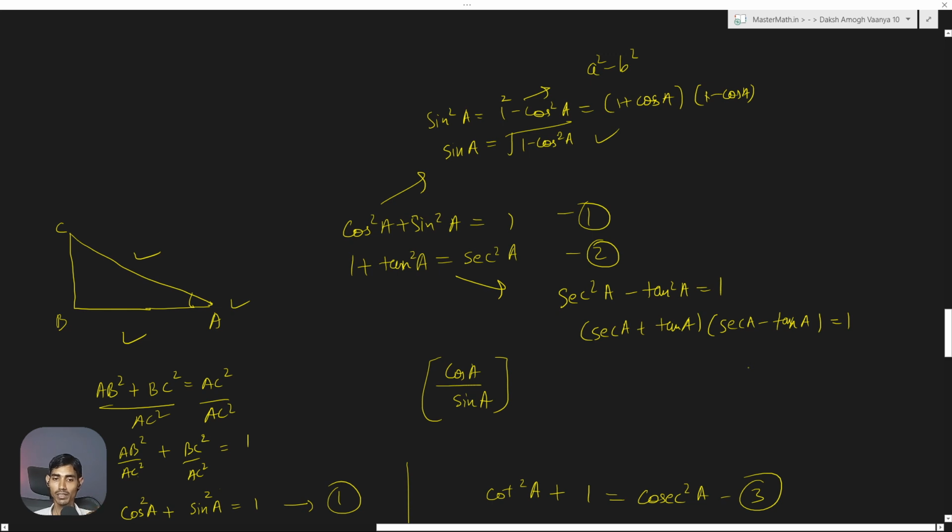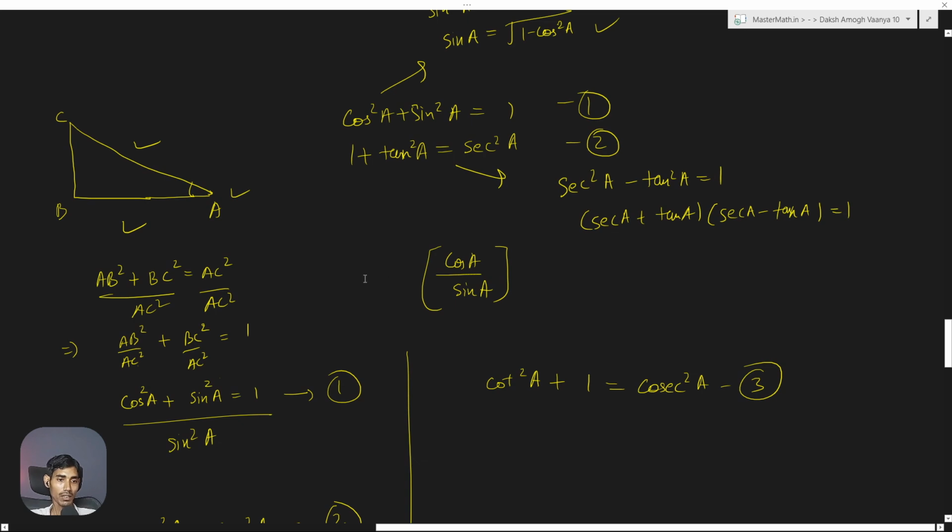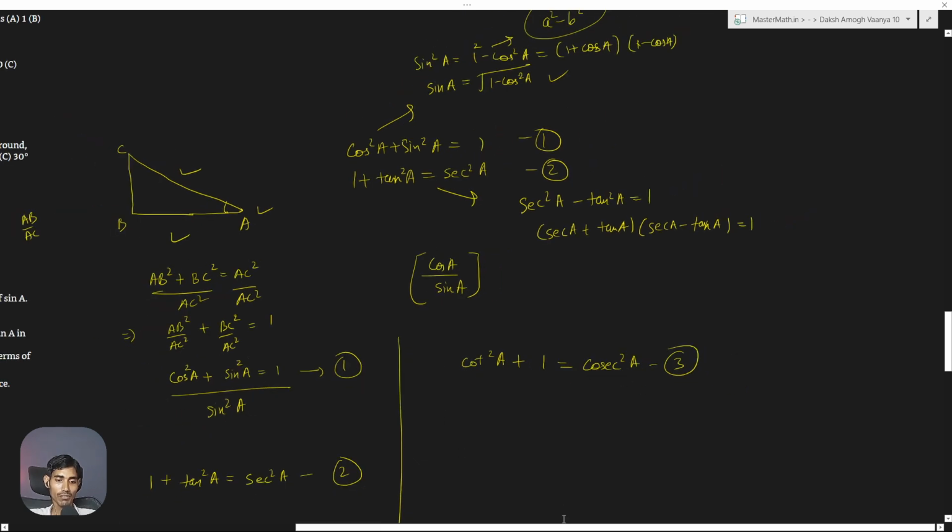So you can break this, and again for the third part also you can break that. So what's the point? Whatever we want, we can take it to the other side, transpose that. First thing. Second thing is you can use a square minus b square identities also. That's also possible. Hope you have written these identities, and now let's start with a few questions.